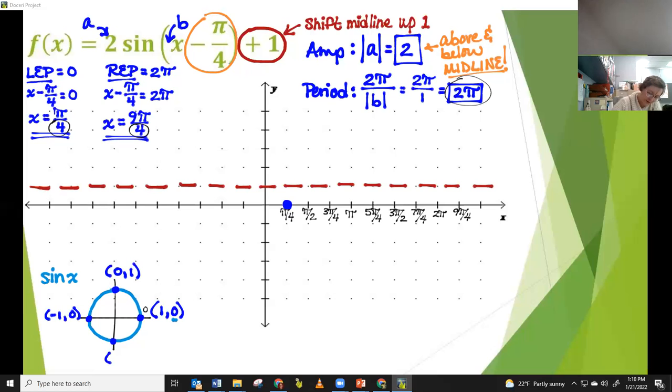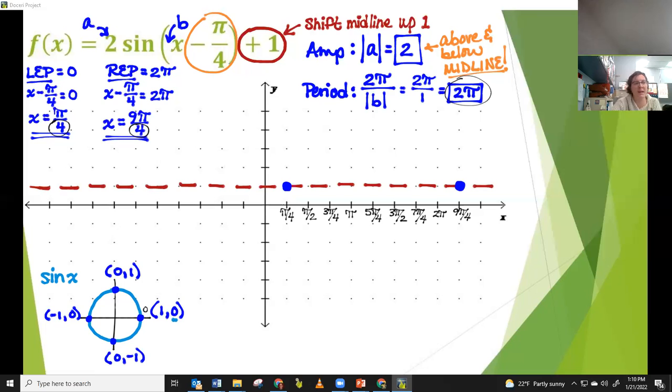It all shifted up 1. Absolutely. So I can't leave that dot there. It has to go up to the midline. My sine wave starts on the midline. Our midline shifted up, so we also have to shift up. My left endpoint is at 9 pi over 4, which is also on the midline.